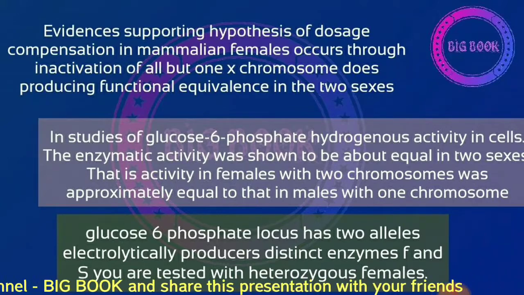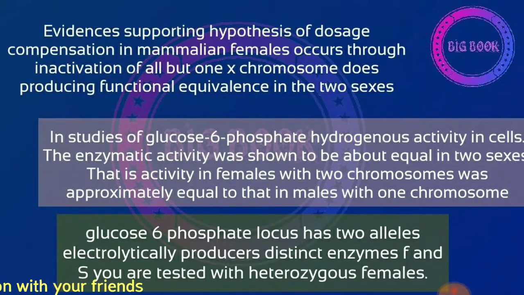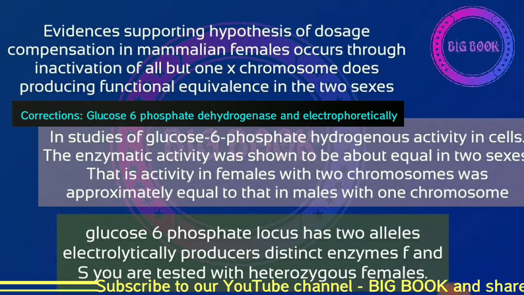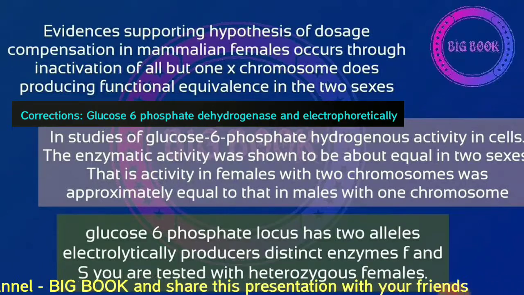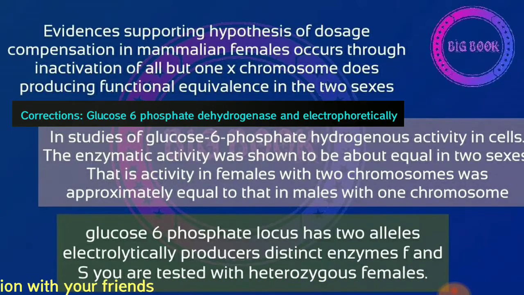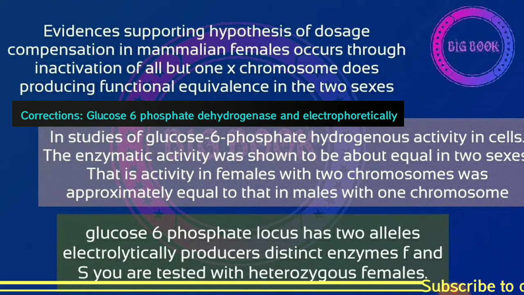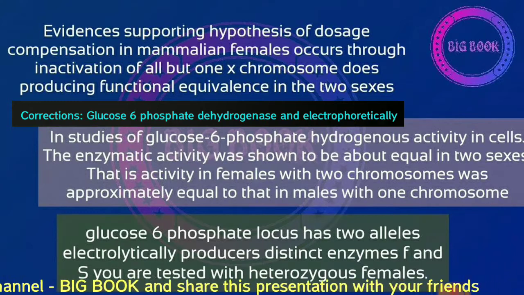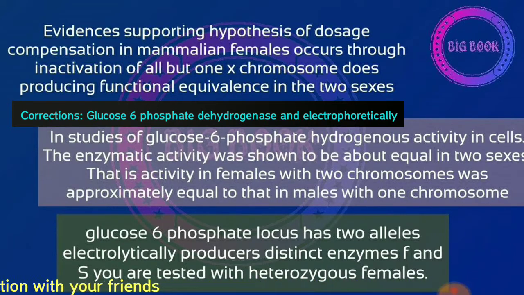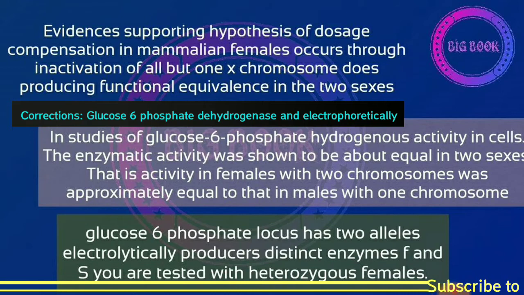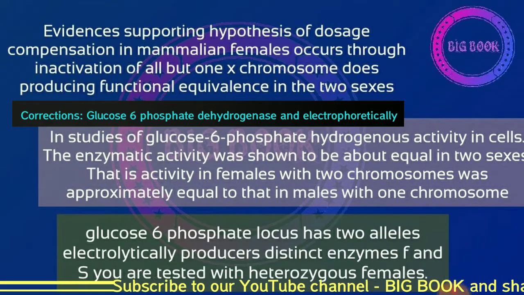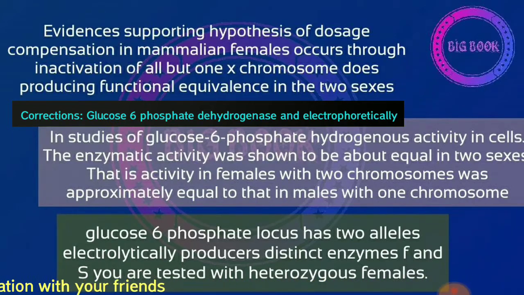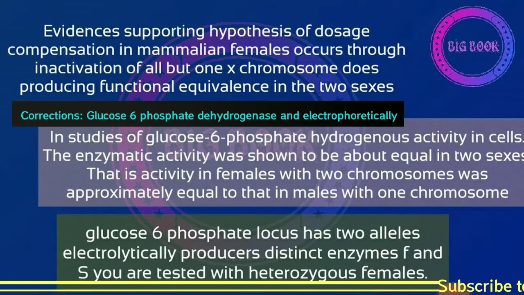Evidence, as we have already spoken about, is the functional equivalence in the two sexes because of gene expression. In studies of glucose 6-phosphate dehydrogenase activity in cells, the enzymatic activity was shown to be about equal in the two sexes. That is, activity in females with two X chromosomes was approximately equal to that in males with one X chromosome.